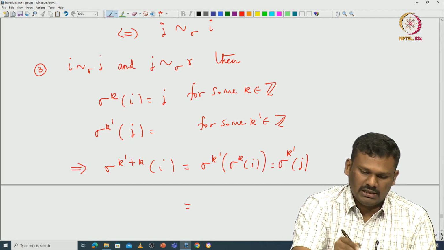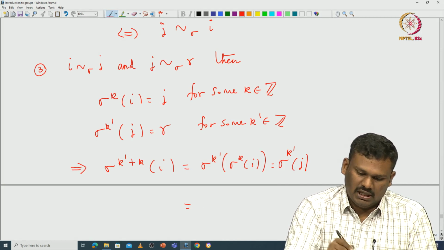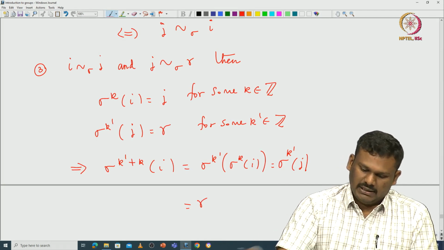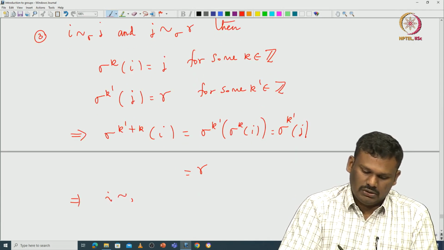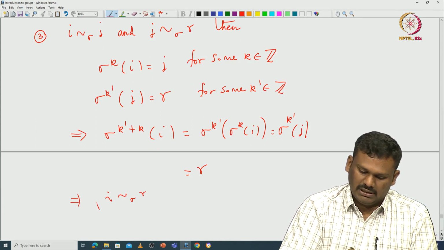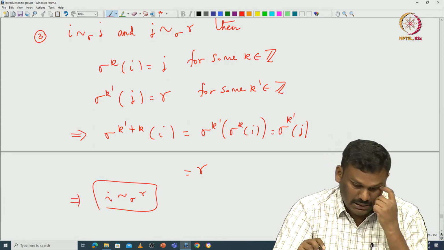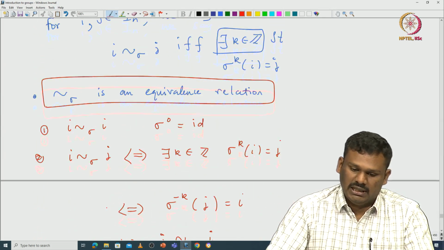Now, sigma to the power k' plus k on i is sigma^k' of sigma^k of i, which is sigma^k' of j, which is r. So, that shows that i is related to r by tilde sigma. So, this proves that the relation tilde sigma is indeed an equivalence relation.